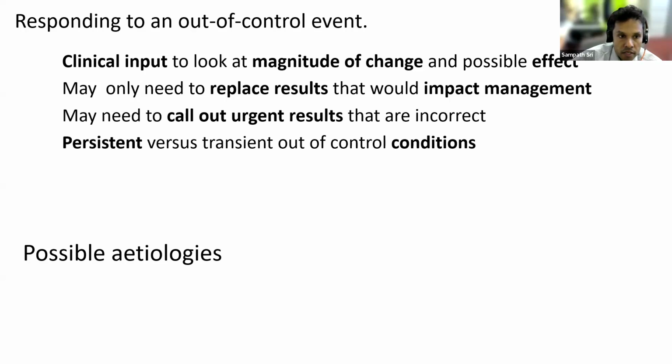Then we have to see whether this condition is going to persist or is transient. If it is a persistent condition, we may have to go through an intermediate and long-term management plan.